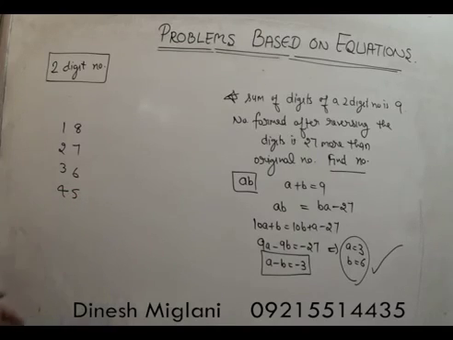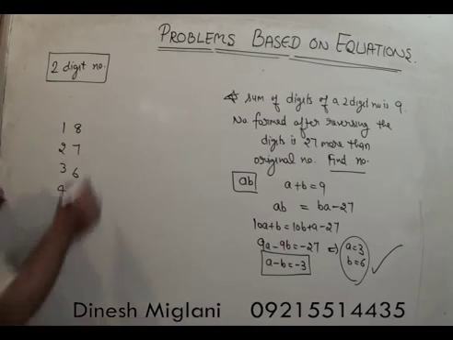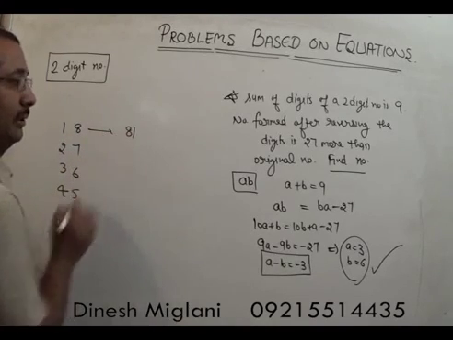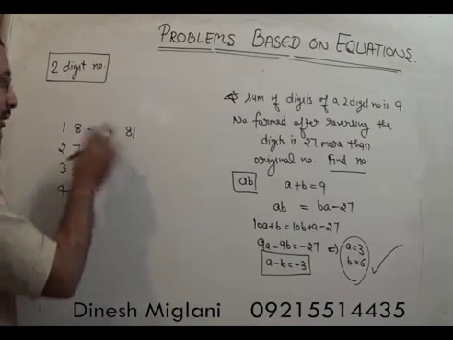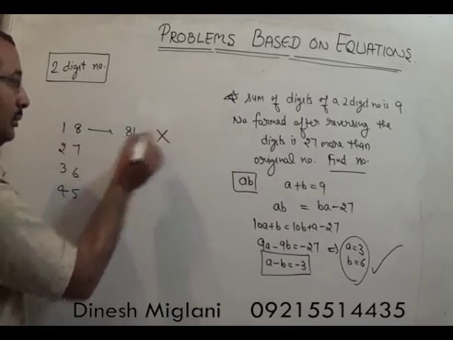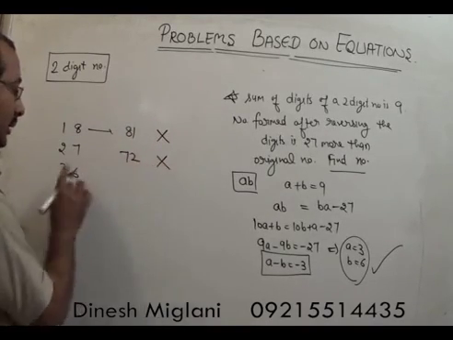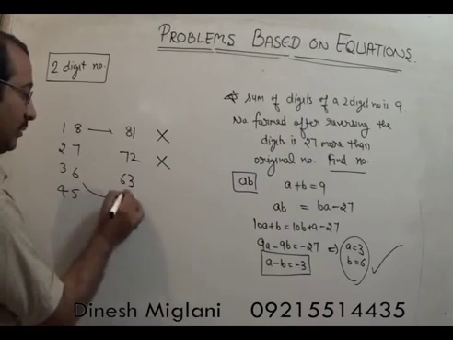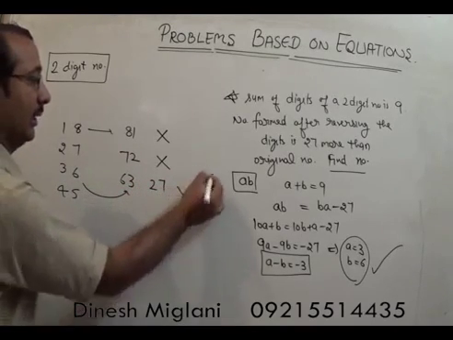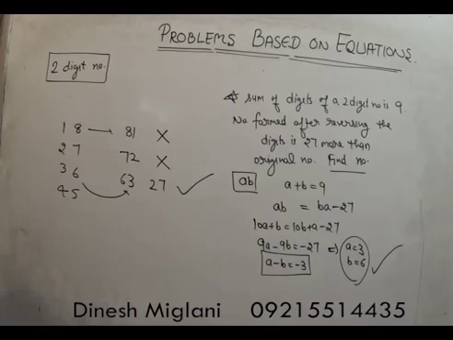After reversing: 81, 72, 63 and 54. Check whether this is 27 more than the original. No. 72? No. 63 is 27 more than 36. It means this is my answer, so the initial number is 36. I hope the concept is clear.